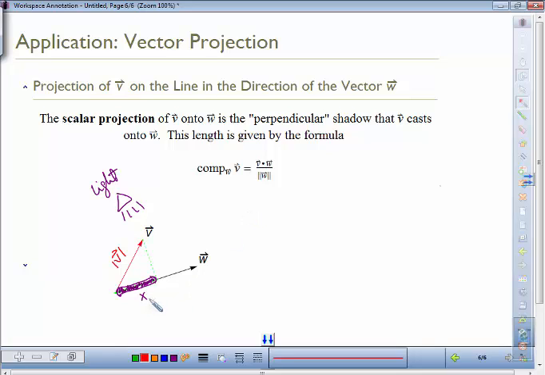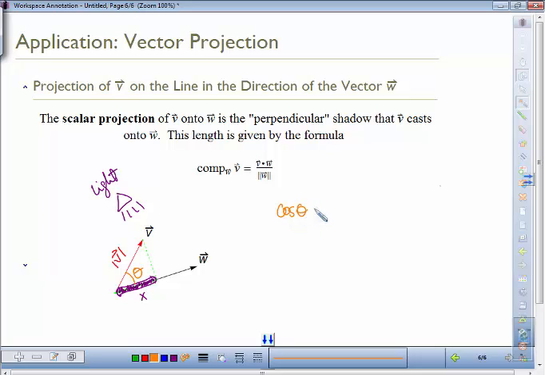So let's see. If I want to figure out what x is, that's the adjacent side. I have adjacent and the hypotenuse. I can use a cosine, which means I'll probably need to refer to this angle. So x is equal to, well, let me write it in terms of the cosine first.